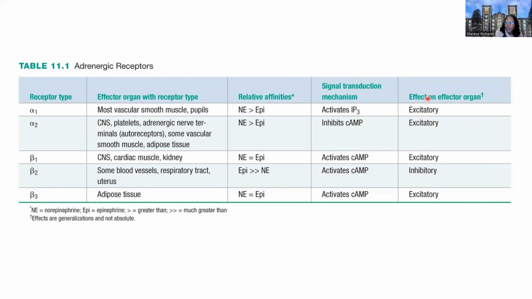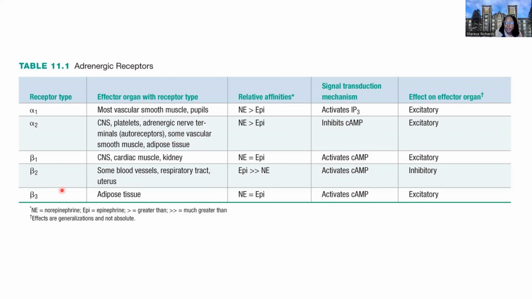Both of them end up resulting in excitatory responses on the tissue. So don't confuse the action on the second messenger with the action on the tissue level. In the case of alpha-2, the inhibition of cyclic AMP actually helps bring about the excitatory response on these specific types of blood vessels.